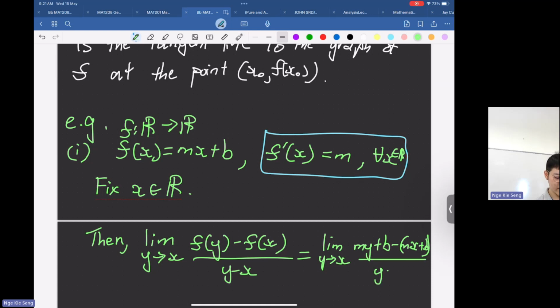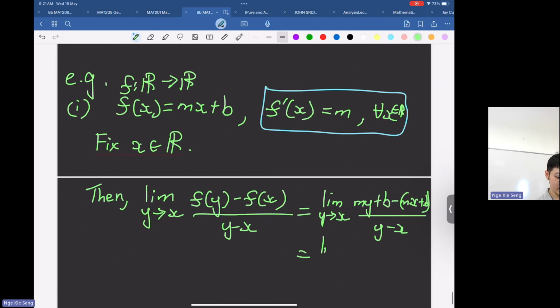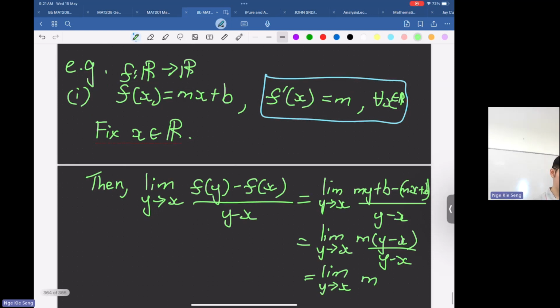And then over y minus x. So the b and b cancel, and then you can factor out the m, where you get y minus x over y minus x. So really, you just get the limit of m. But m is a constant. Is it clear that this is a constant?